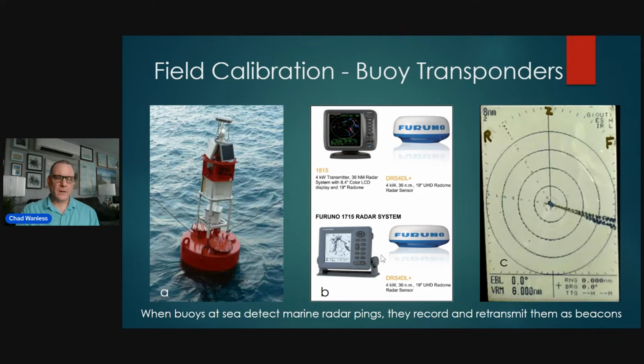When they receive a marine radar signal, they'll record that code and send it back multiple times. So you see this long track on the right-hand side in image C. This is done to highlight to a captain of a boat that there's a buoy out at sea, please don't hit me, is essentially what it's saying. Because otherwise, it would be a small blip, barely noticeable.